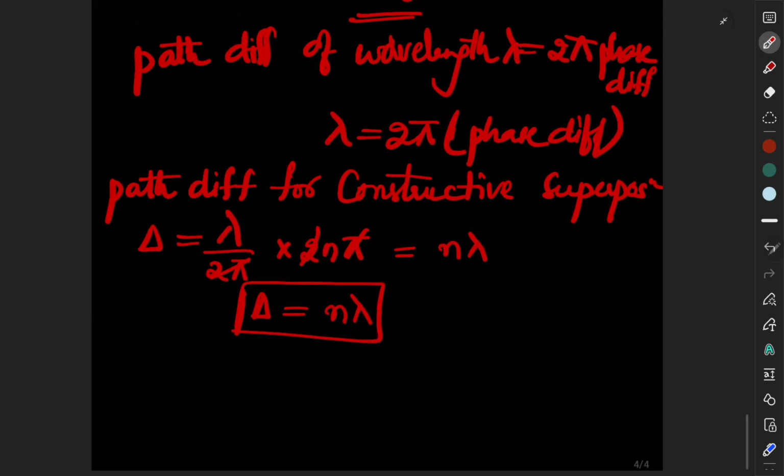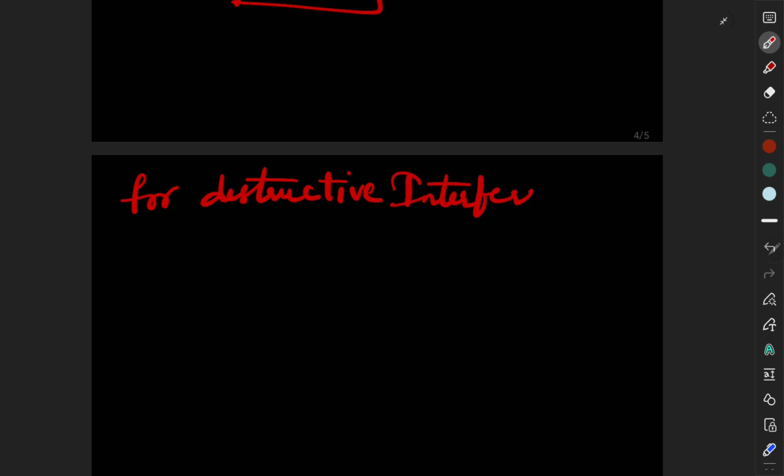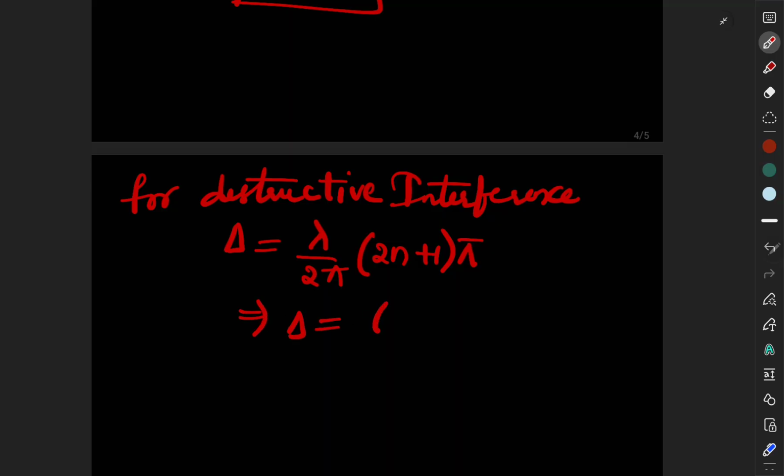Similarly for destructive interference or superposition, the path difference delta is equal to lambda by 2 pi into (2n plus 1) pi. So that becomes delta is equal to (2n plus 1) lambda by 2, as pi gets cancelled.